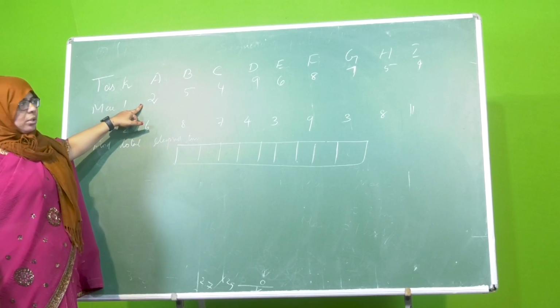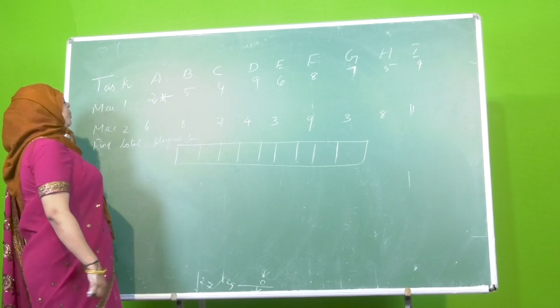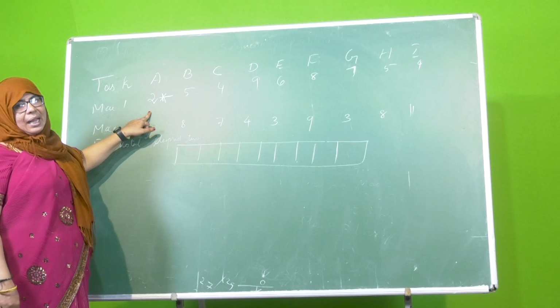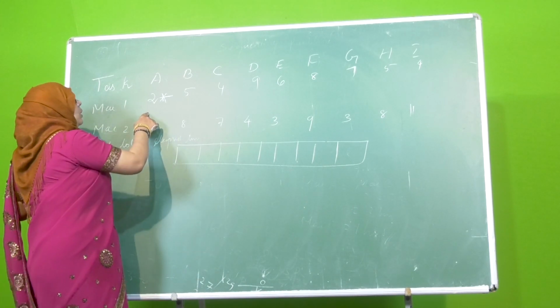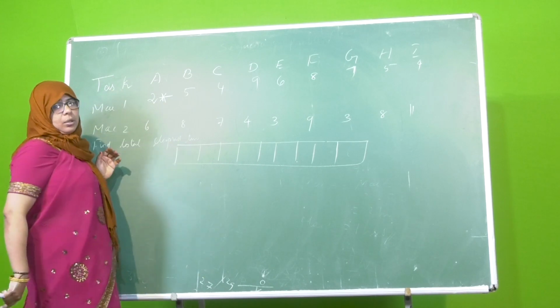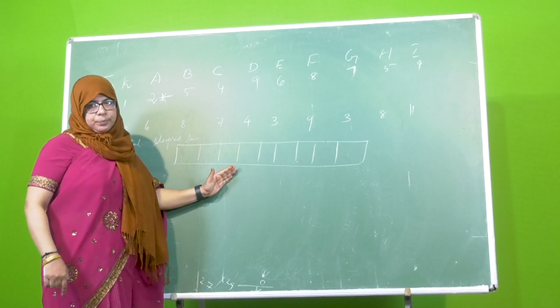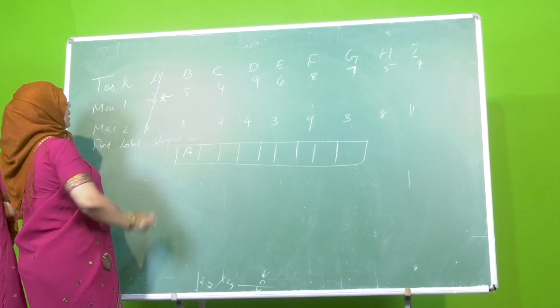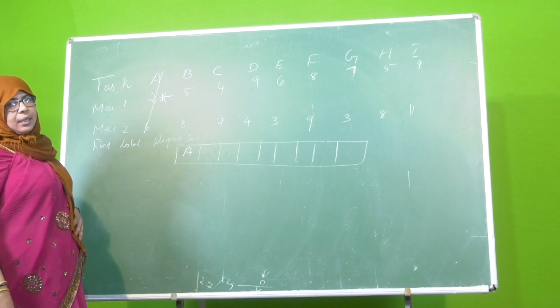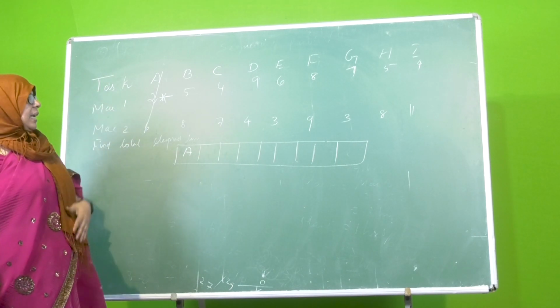Okay, correct? 2. So machine 1, 2 is the least number. So, 2 is in the machine 1. So, you have to write it in the as usual side, right hand side. Okay. So, we have to cancel both machine 1 and machine 2. Now, find the least element in the remaining elements.